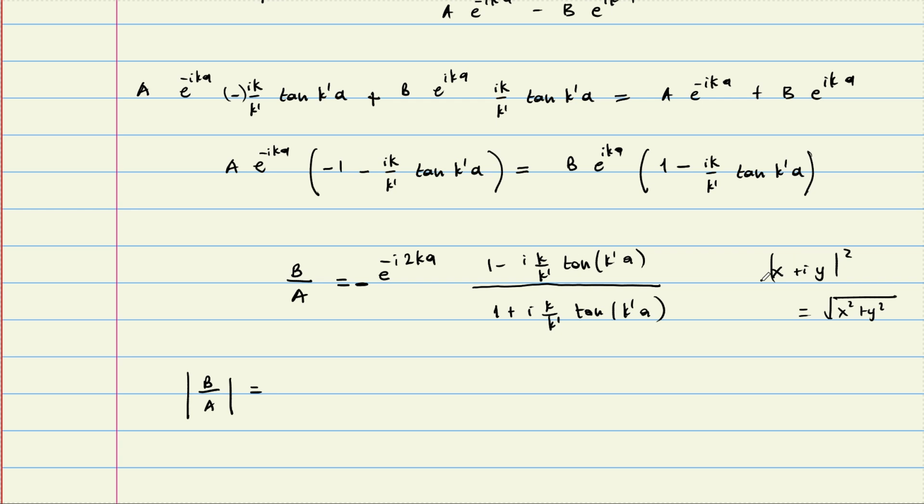I do exactly this here, 1 plus k squared over k prime squared tangent squared k prime A, and divide it by exactly the same thing, whether it is plus i or minus i, doesn't matter: 1 plus k squared over k prime squared tangent squared k prime A. But something divided by itself is 1, as far as I know.